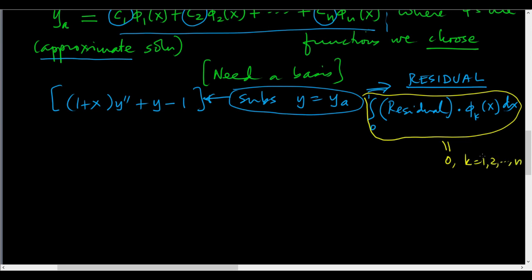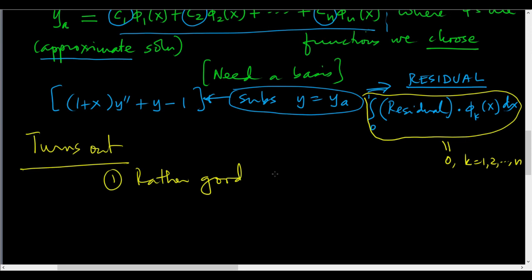This gives me n equations. I solve those equations and I get an approximation. Turns out this is a rather good approximation. This approximation method is called a Galerkin method after a Russian engineer called Galerkin.